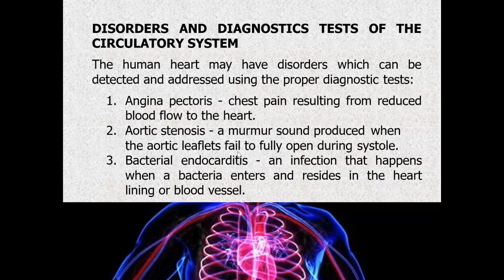Next is the bacterial endocarditis. So, pag sinabing itis, may inflammation na nangyayari. So, it is an infection that happens when a bacteria enters and resides in the heart lining or the blood vessels. Class, take note, natandaan niyo ba yung layers of the heart? Di ba meron tayong endocardium?